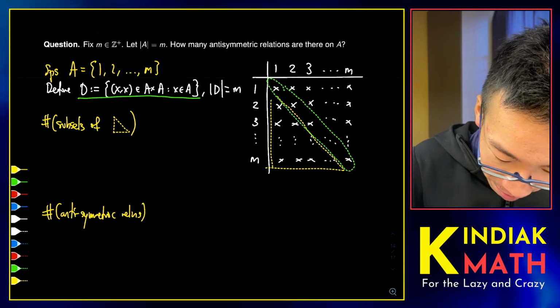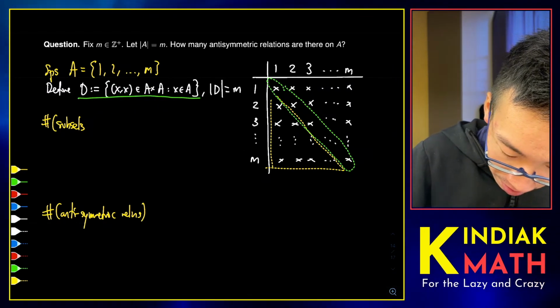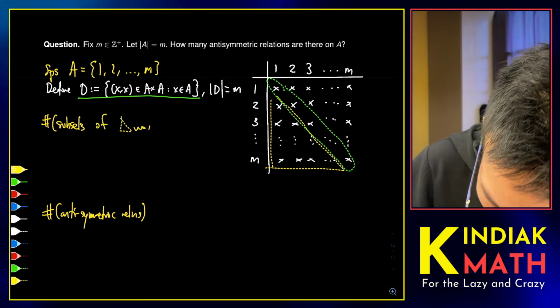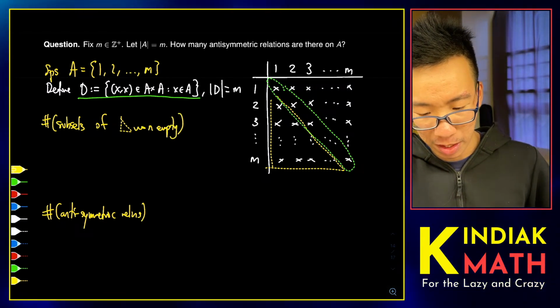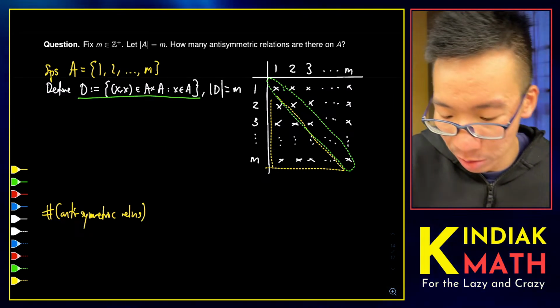Let me try that again. Non-empty. Number of subsets of the triangle. Yeah, non-empty. This might be a bit confusing, so let's just try to do it again.